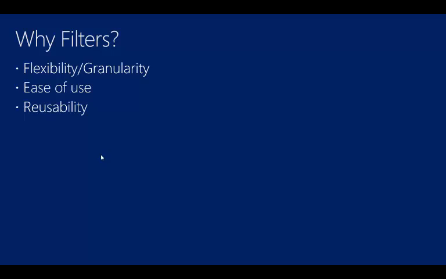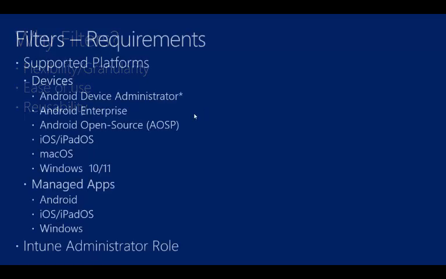Most people that I've seen use filters to include devices rather than exclude devices, but you can do it either way. And that's another thing to think about whenever you build your filters. Could there be scenarios where that filter would be used to include certain devices, but also just as valid scenarios where that filter would be used to exclude devices, right? So, all right, more about that as we go along.